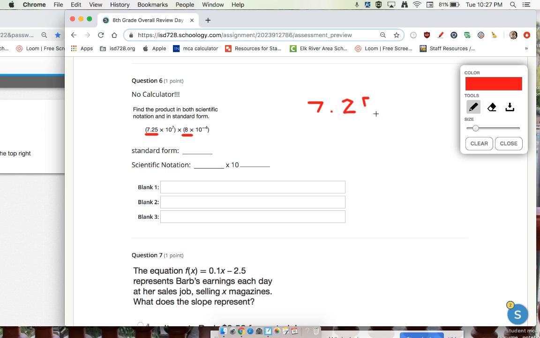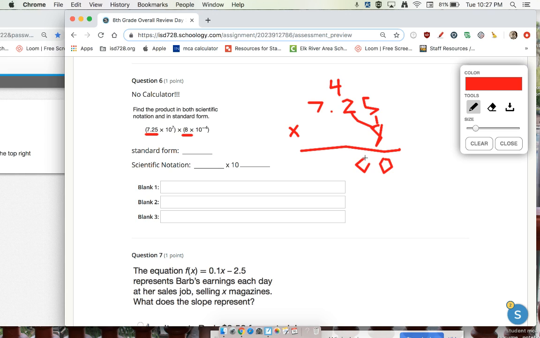So this is going to probably take me a little bit here. 7.25 times 8. Be respectful over my very sloppy writing with my mouse pad. That's an 8. And then 8 times 5 is 40. So I'd write the 0, carry the 4. 8 times 2, 16, plus 4, 20.